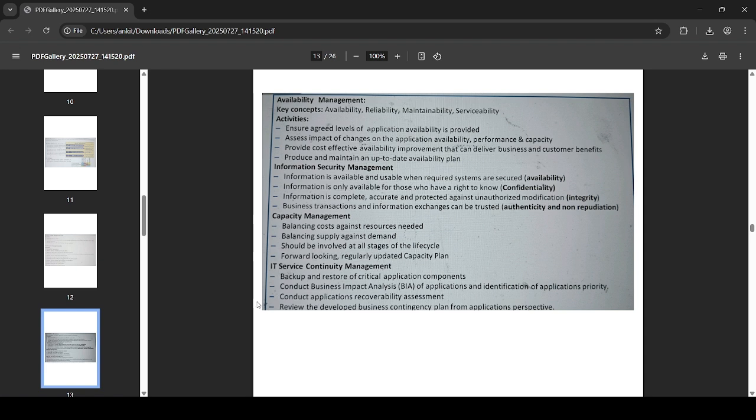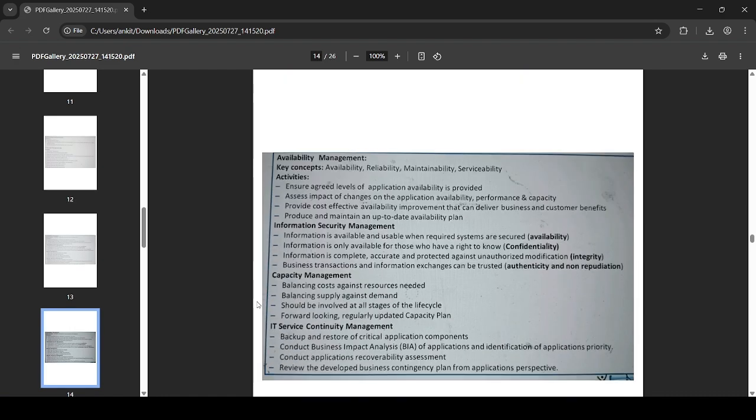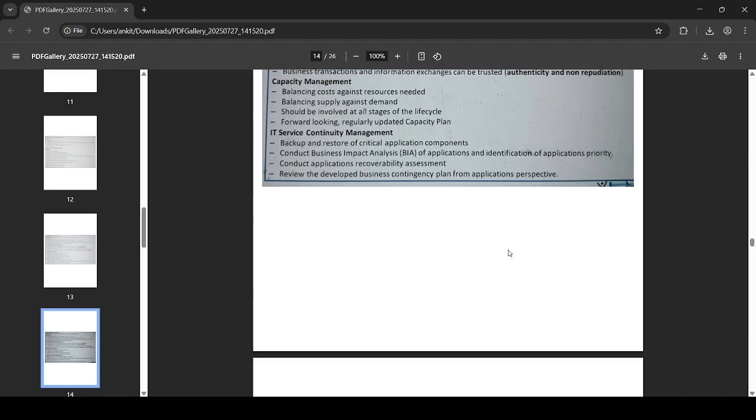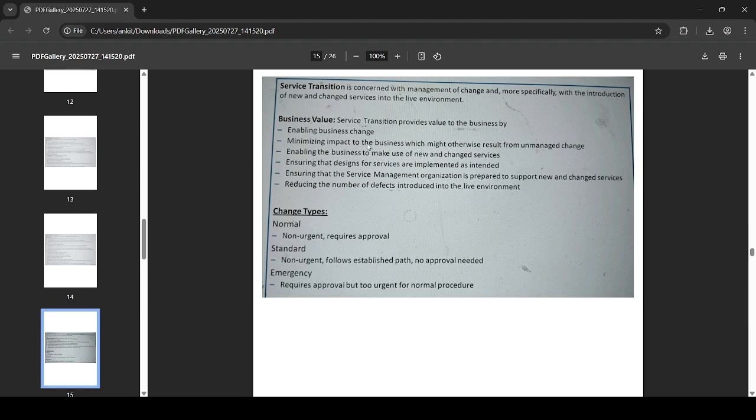So in IT service continuity management, we have to make sure that the service continuity keeps going on. It does not get disrupted in between. So we have to back up and restore our critical application components. Right? Okay.